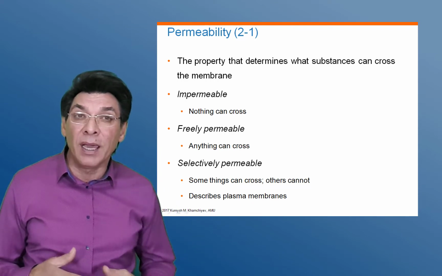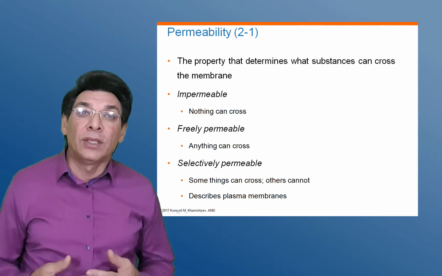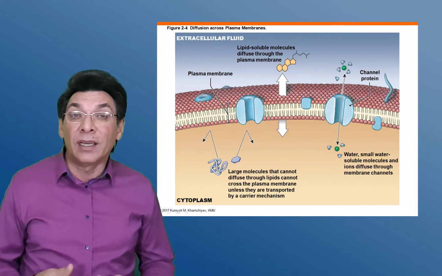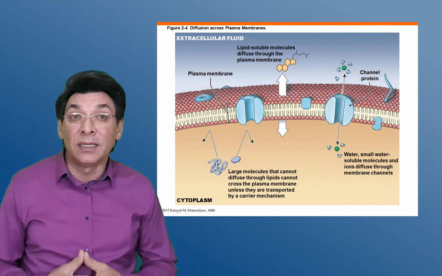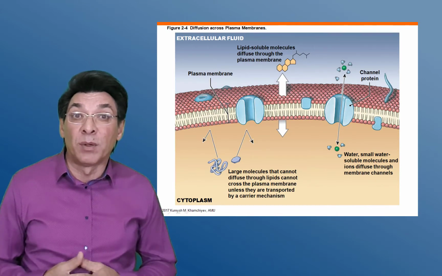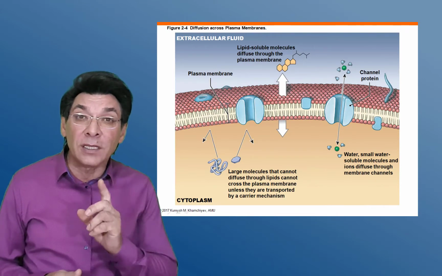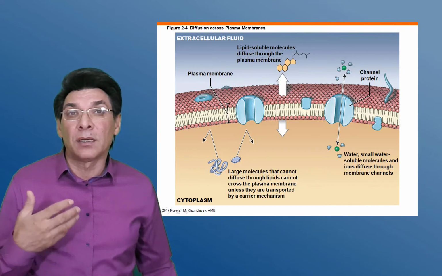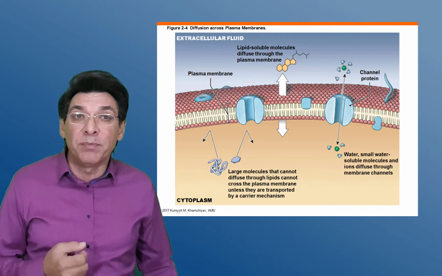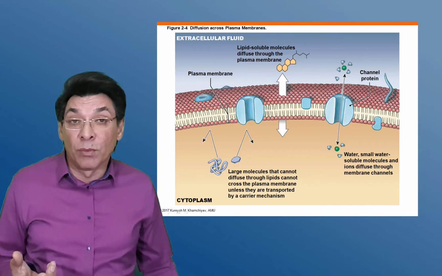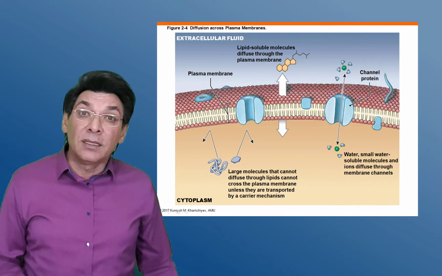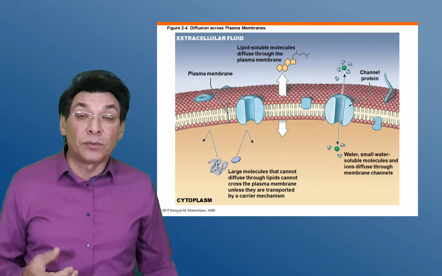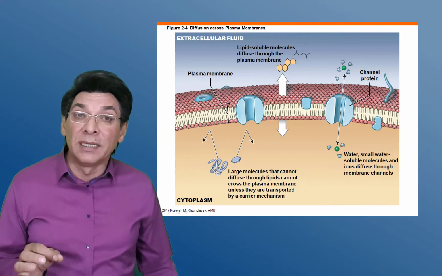Below are the three main factors that determine whether a molecule can pass easily directly through the plasma membrane or not. First is size of molecule. Smaller molecules can more easily pass through than larger molecules. Second is polarity or lipid solubility.